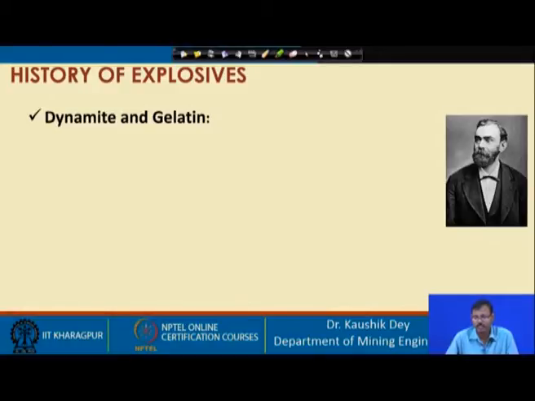So, basically what Sir Nobel did, he used mercury fulminate or gold fulminate, which, along with mixing with some azides, can be used as a device which will receive the flame and deliver the shock.